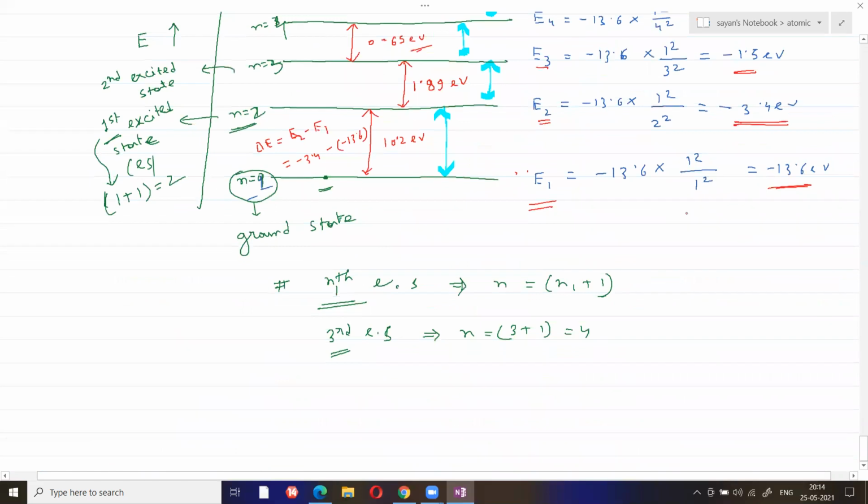So just write down these points. First point: the energy of the electron increases with increase in the number of shells. Why? Due to the negative sign.